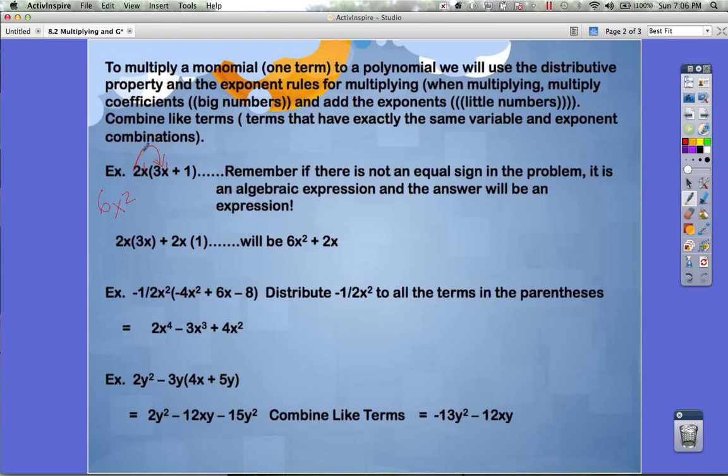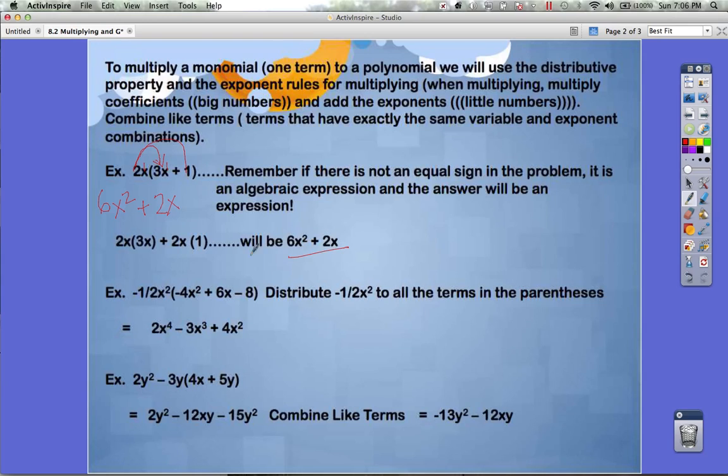All right, 2x times 1 is simply 2x. Anything times 1 is itself. So this is the simplified form, okay? This is just showing you how it's broken down. So your answer would be 6x squared plus 2x.